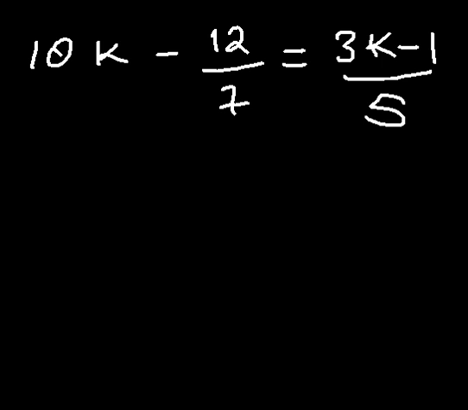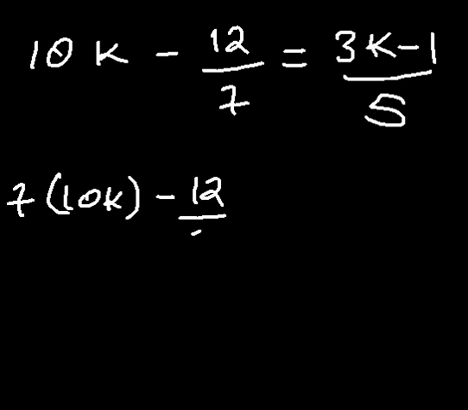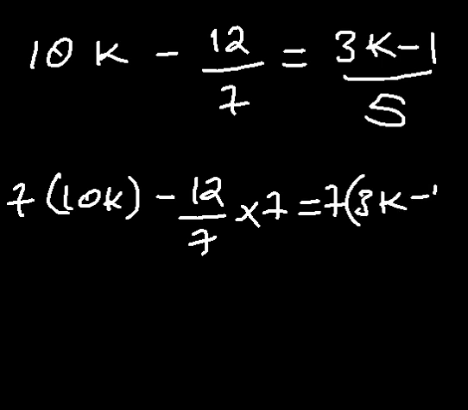We'll start removing denominators one by one, starting with removing 7. So we'll multiply 7 times this. We'll have 7 times 10k and minus 12 over 7 times 7, which is equal to 7 times 3k minus 1 divided by 5.